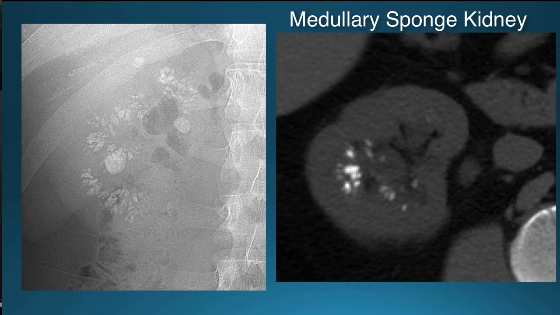Medullary sponge kidney also is known to increase the size of a kidney, thus the somewhat enlarged right kidney. So in total, a case of unilateral medullary nephrocalcinosis and nephrolithiasis with calcifications of a linear appearance, all of which is quite typical of medullary sponge kidney.